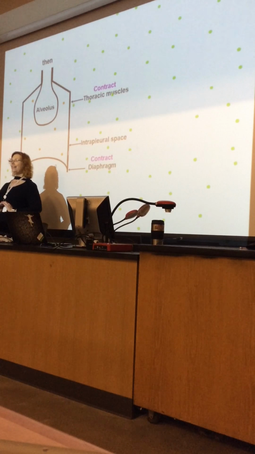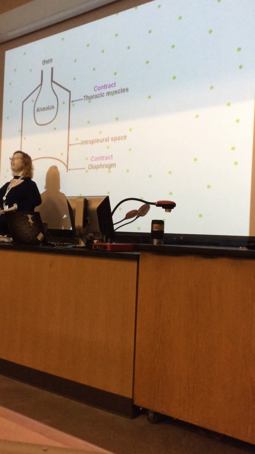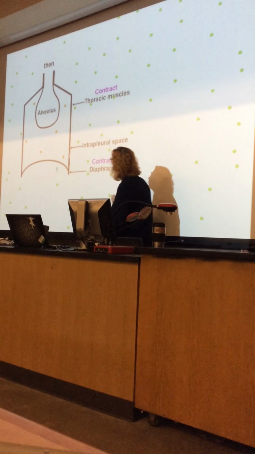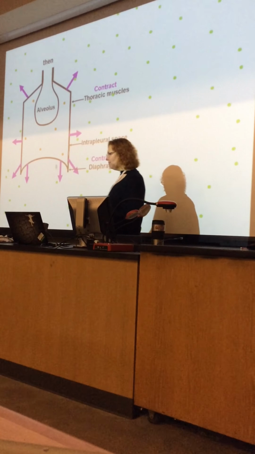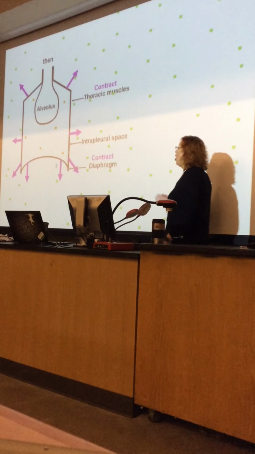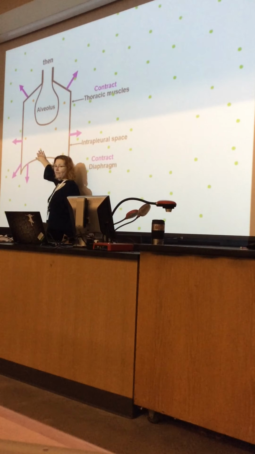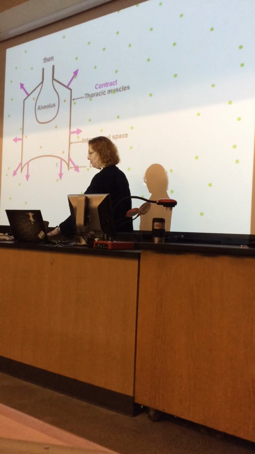When it contracts, what does it do? It flattens out, right? So when we contract our thoracic muscles and our diaphragmatic muscles, that causes our thoracic cavity to do what? Gets bigger.